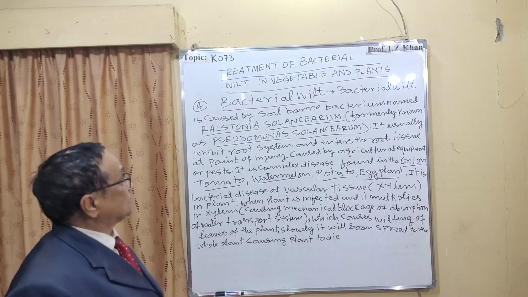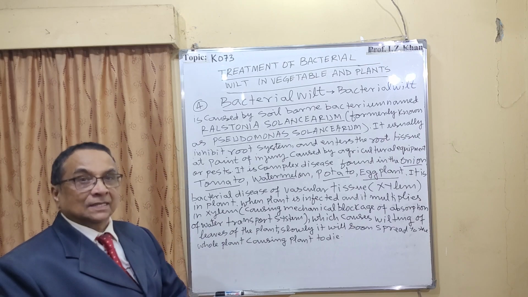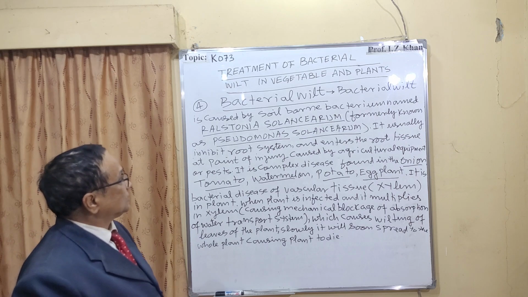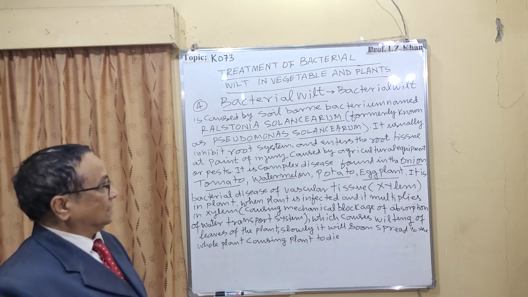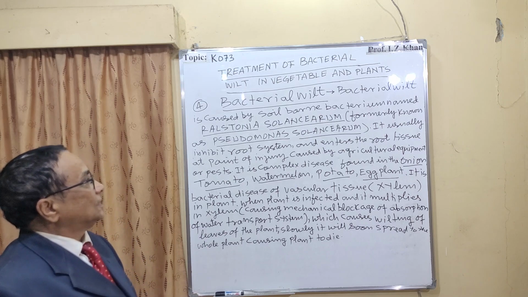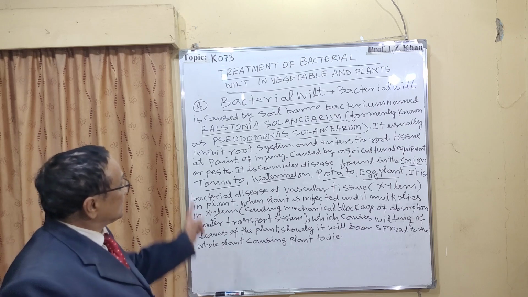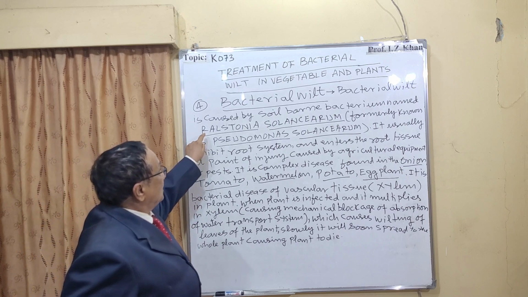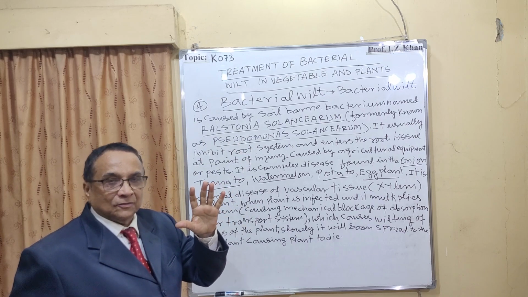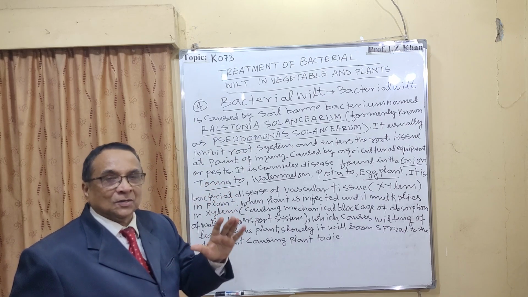So number 4 is, what is bacterial wilt? Bacterial wilt is caused by a soil-borne bacterium named Ralstonia solanacearum. So this is a particular type of bacteria which is responsible for wilt of the plant, and the wilting of the leaves will make the plant die.